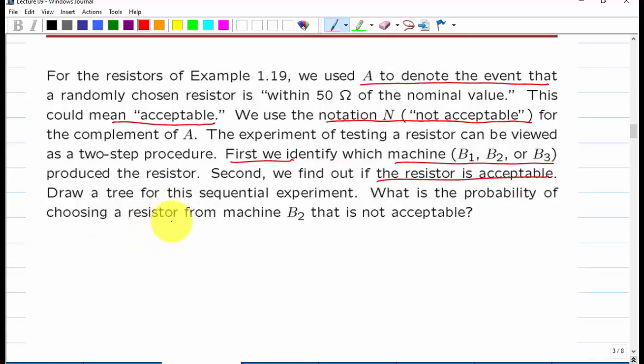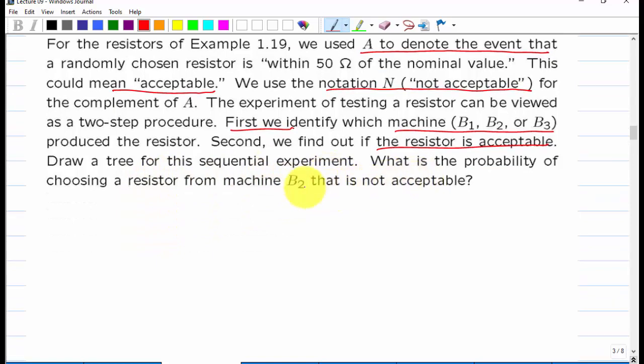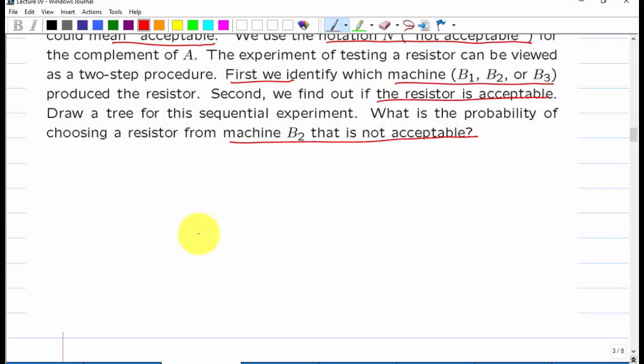So we have to draw the sequential experiment, and then find out the probability of choosing a resistor from machine B2 that is not acceptable. We will start with the root. The root will obviously have branches.